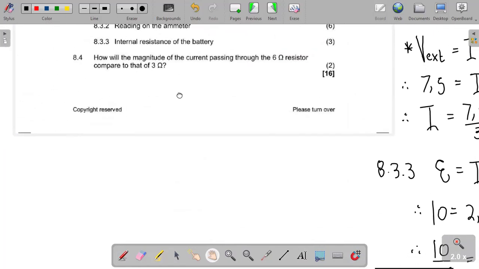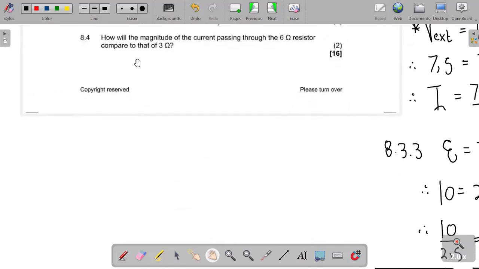So, okay, now 8.4. 8.4, they're asking, how will the magnitude of the current passing through the 6 ohm resistor compare to that of the 3 ohm resistor? So we use the resistance here to answer the question. So 6 ohms is 2 times bigger than 3 ohms.